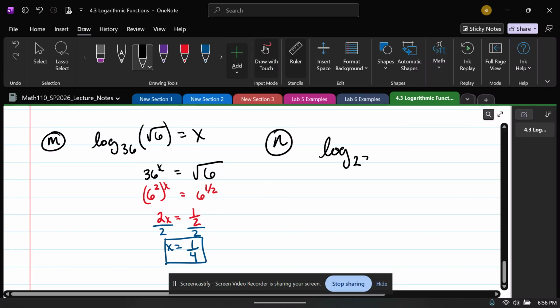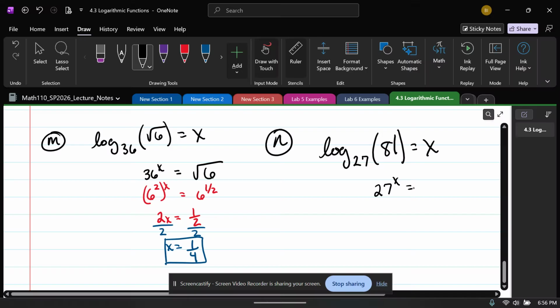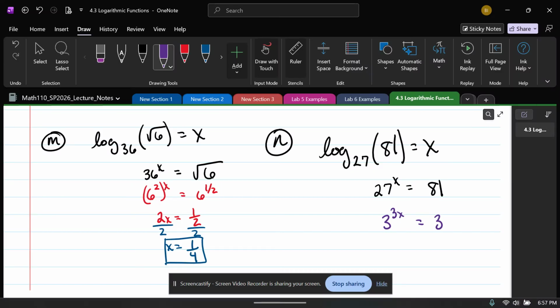Log base 27 of 81 equals x. Okay, so we're starting out with this, and then 27 is 3 to the third. 81 is 3 to the fourth.